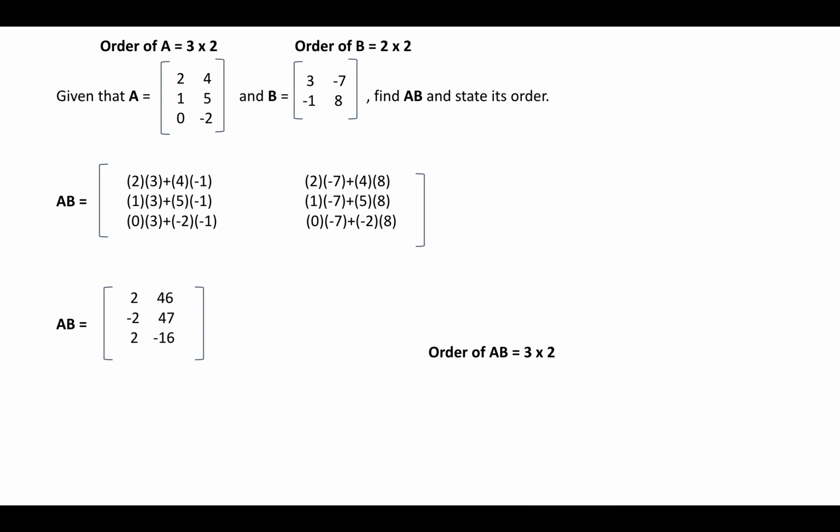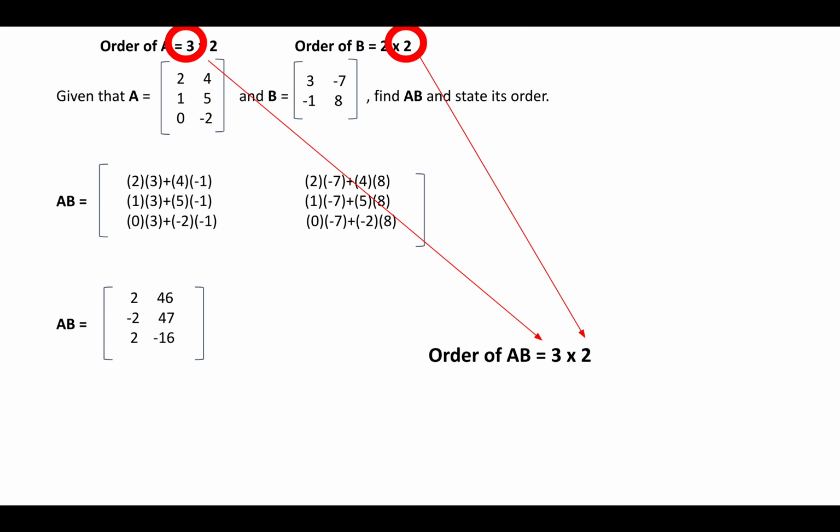We have already mentioned at the beginning of this video that the number of columns for A must match the number of rows for B. The order of the product AB will be the rows of A and the columns of B, like this. And that is the order of AB.